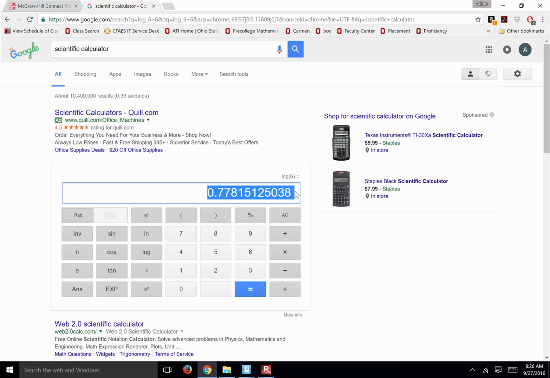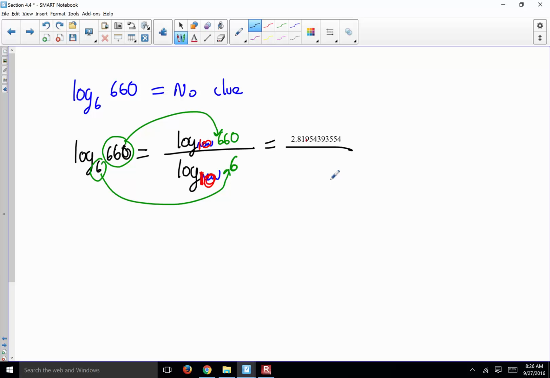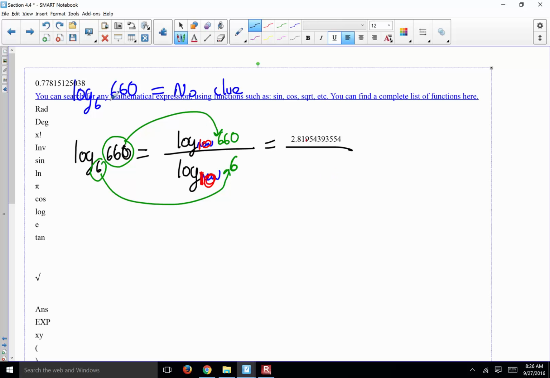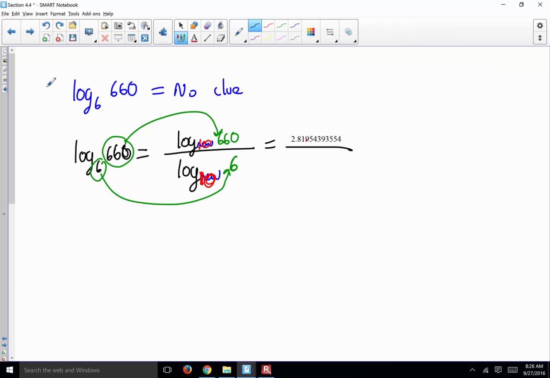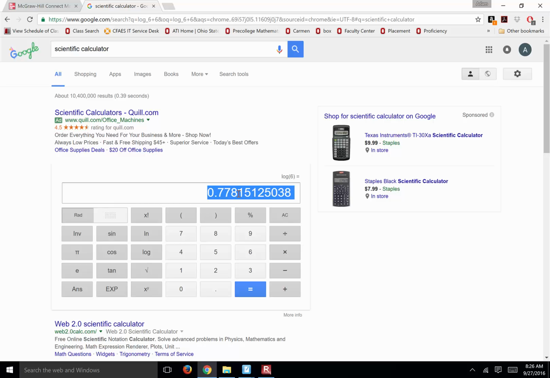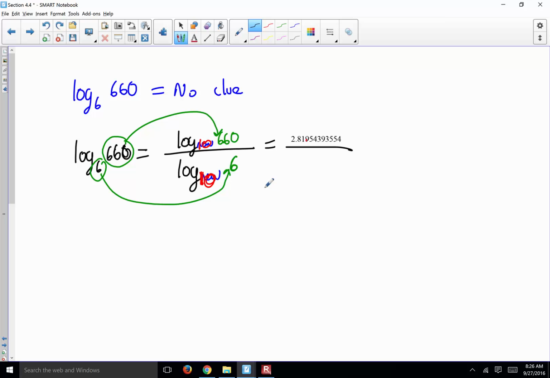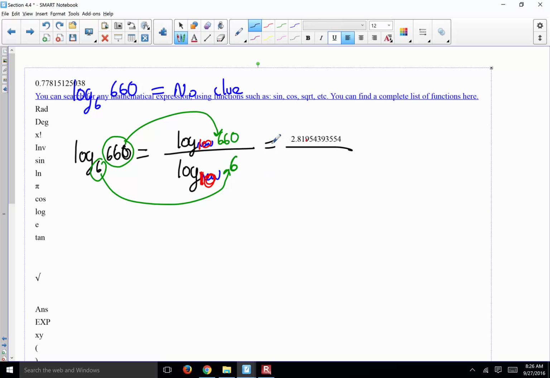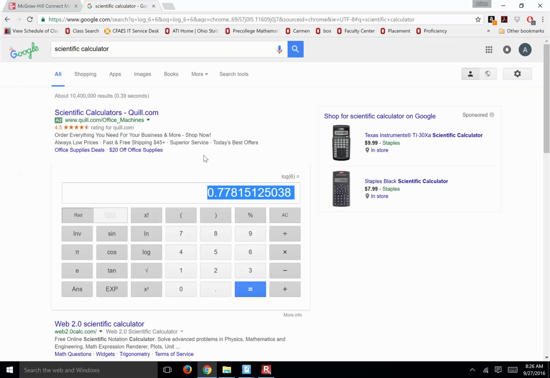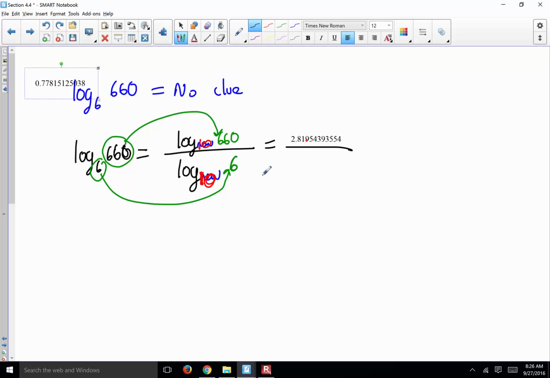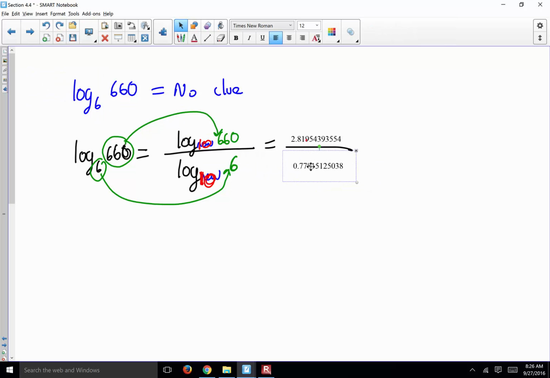Copy this out. Didn't do a good job. Why would you copy everything? I don't know. And now we need to divide one into another.